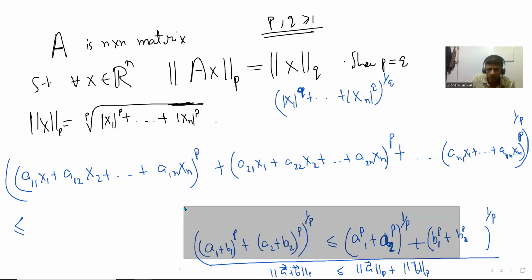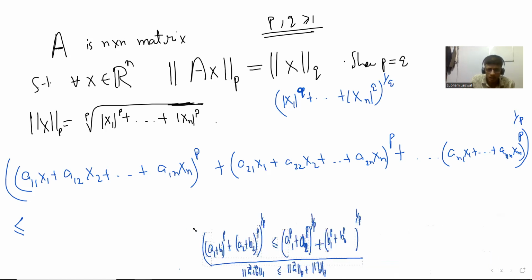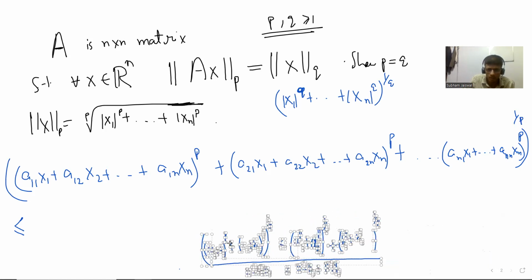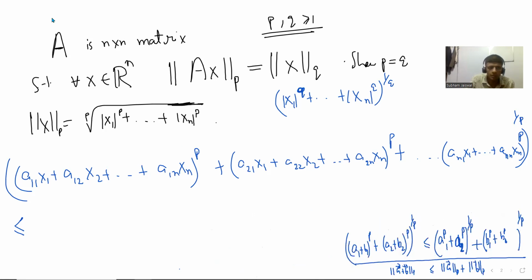Now try comparing it with this thing right here. Now what happens is the following. This is going to be the first coordinate, this is going to be the second coordinate, and this is going to be the nth coordinate of one of my vectors.